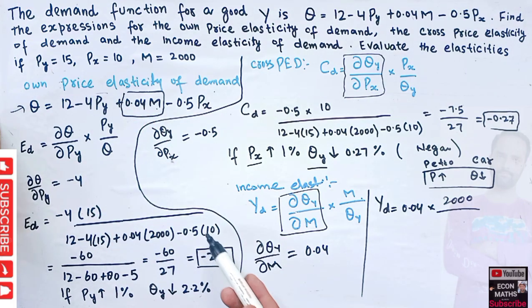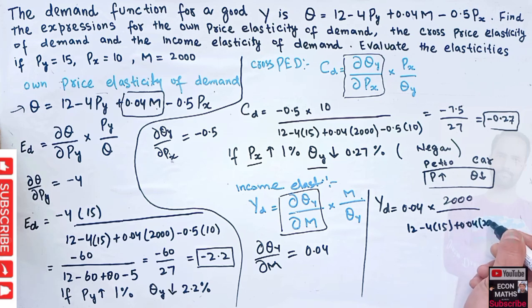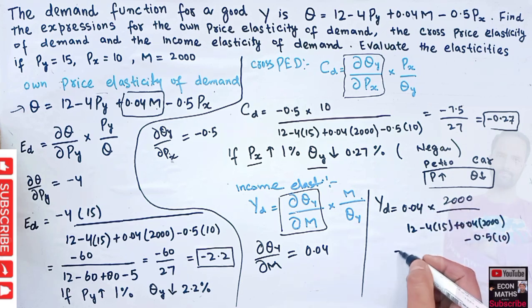So we have this thing here again, let me write here, 12 minus 4 into 15 plus 0.04 into 2000 minus 0.5 into 10. When we solve this whole stuff, it will come out to be 80 upon 27, which comes out to be 2.96.